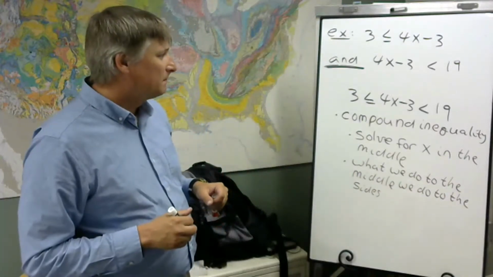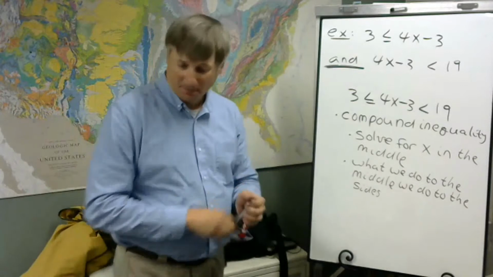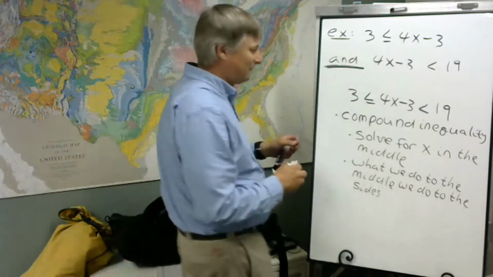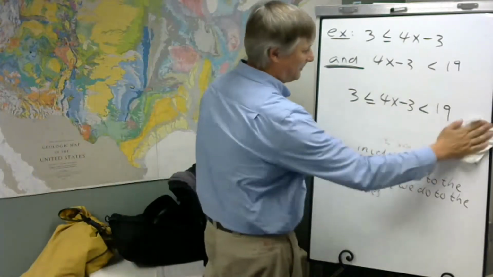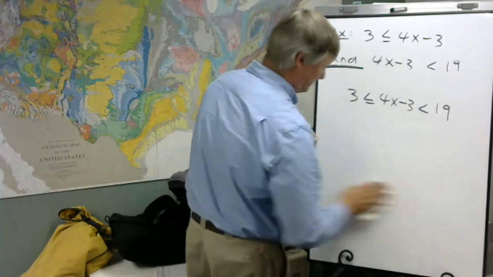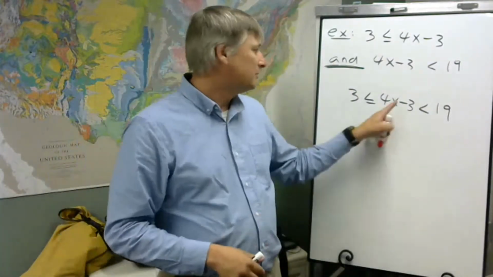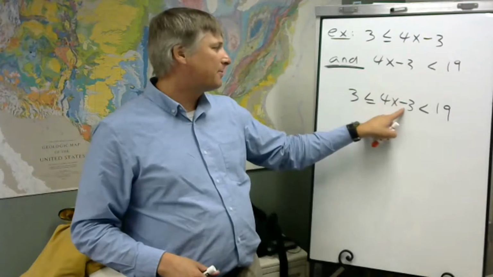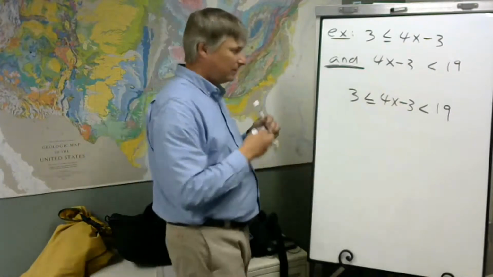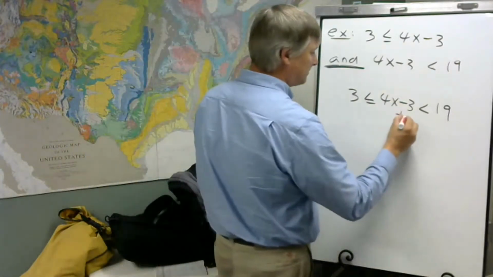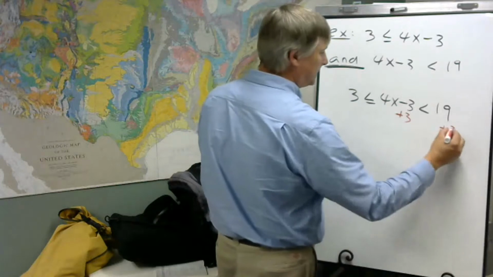So let's go about solving this. First off, we want to isolate x. So let's add 3. If we add 3 to the middle, we have to do it to the sides.